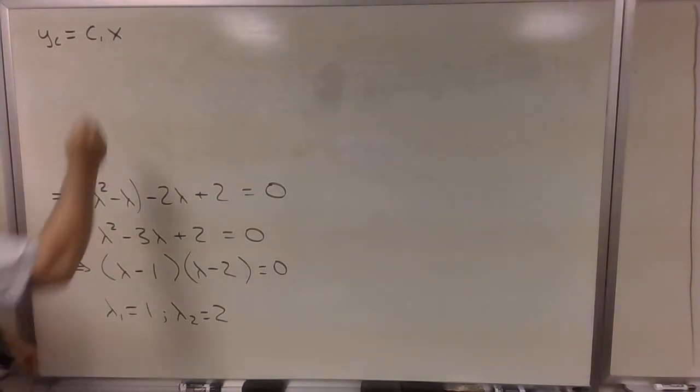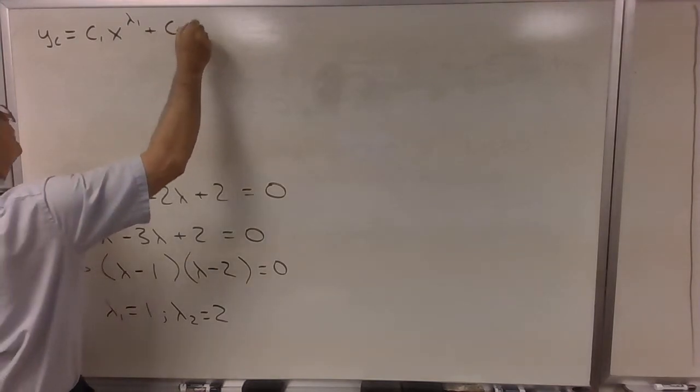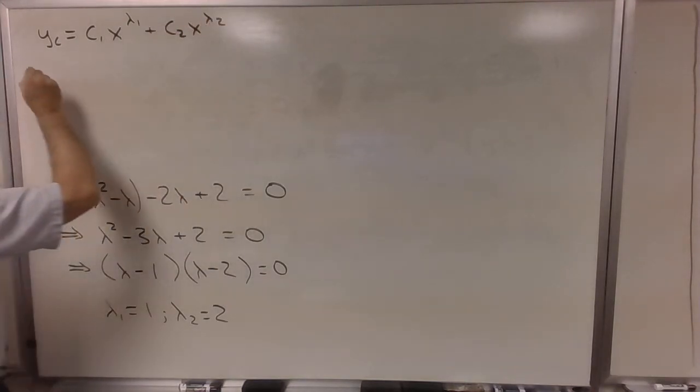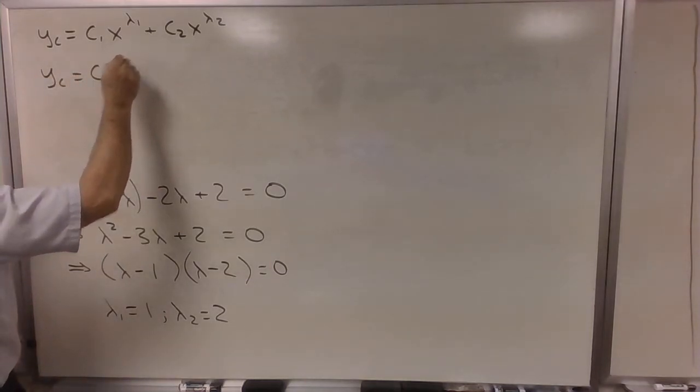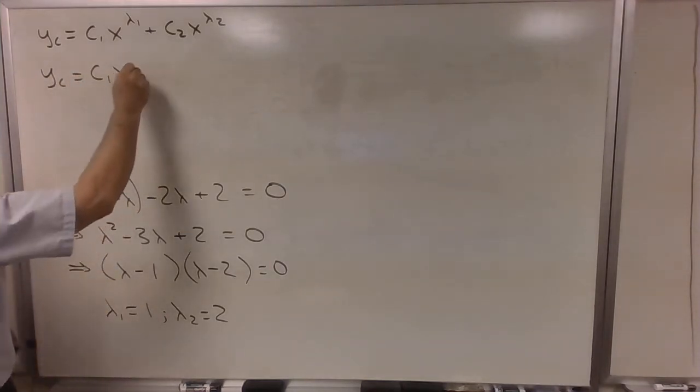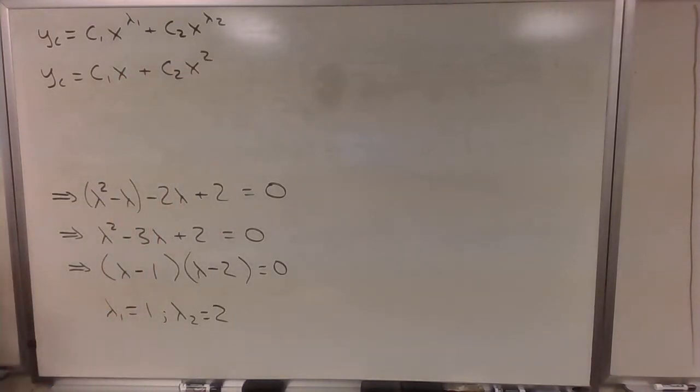C1 x to the lambda 1 plus C2 x to the lambda 2, x to the first, x to the second. So that's our complementary solution, I hope.